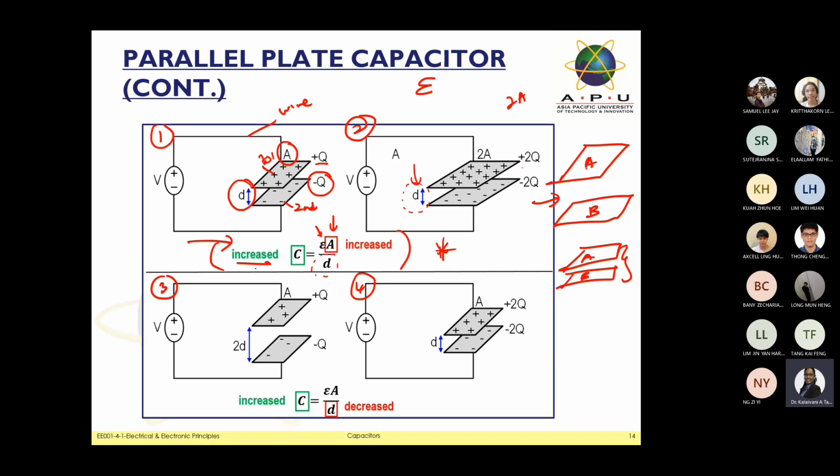So that's what they highlighted as an increase. And what happens to the distance? Usually we try to keep the distance the same, but at the same time we also play with the distance to check what happens to the capacitance value when we have a smaller distance and a larger distance. But in the first condition, take note, they only test based on the area. They are not going to test based on the distance.